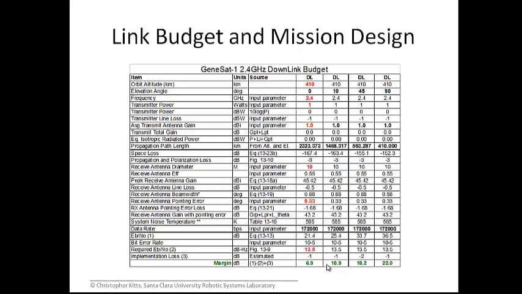And because of that, different elevation angles and a different altitude of the orbit, we get different distances to the spacecraft. And so we're running four different cases at a 0 degree elevation above the horizon, 10 degrees, 45, and 90. And so this sort of allows us to sketch out performance as we move through the orbit.